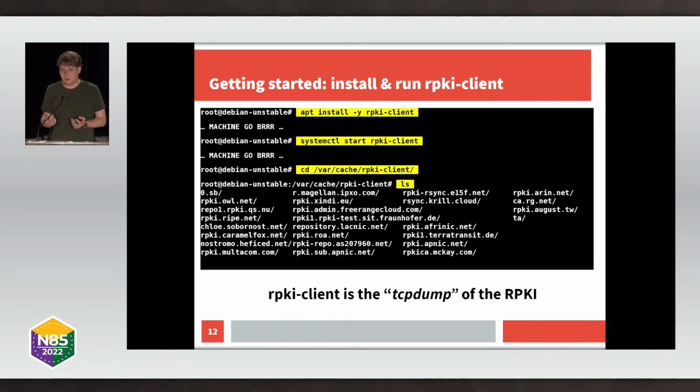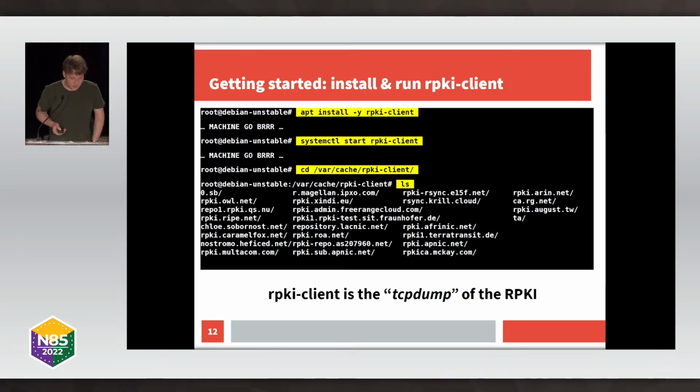The cache directory does not contain objects that are invalid. Invalid objects are moved out of the way or deleted. So if you're inside the cache directory, you can issue the command ls, and it shows you a number of directories. Each of these directories represents a RPKI publication point.